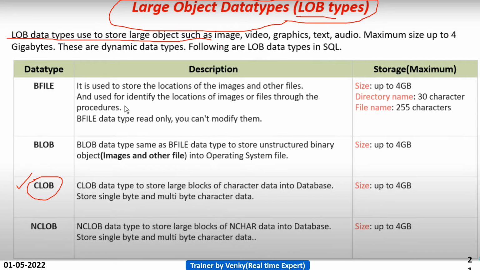So LOB data types are used to store images, videos, graphics, text, audios, and so on. Why do we mention images and videos? There may be large data, right? For videos, graphics, images, LOB can accept any data.